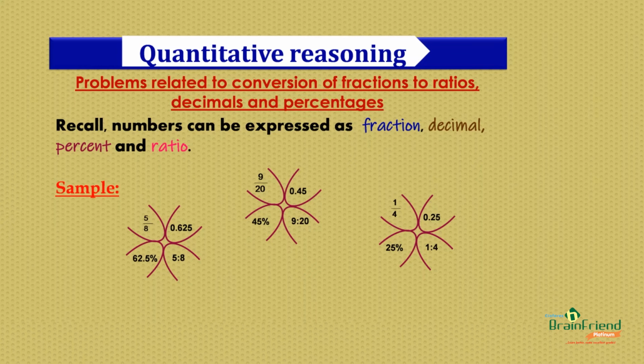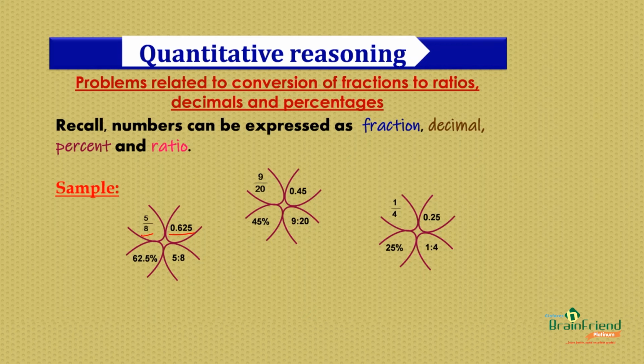First, we have 5 over 8 as a fraction. Now, to find the decimal equivalence, we simply divide the numerator 5 by 8. However means you do that, either using a calculator or doing the long division method, you would have 0.625 as your answer. Now, to convert 0.625 to percentage, you simply multiply by 100.